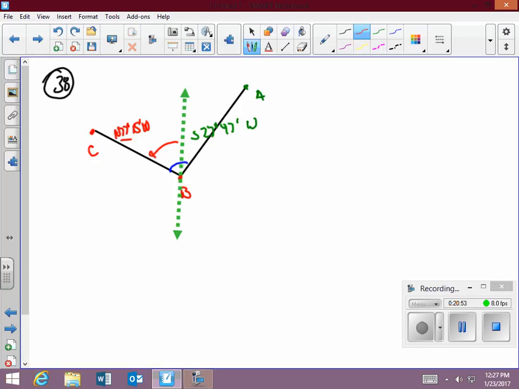And then that other one is south 27 degrees, 47 minutes west. Well, the only thing they could be doing there is, let's see, that would have to be that angle, right? 27 degrees, 47 minutes west.